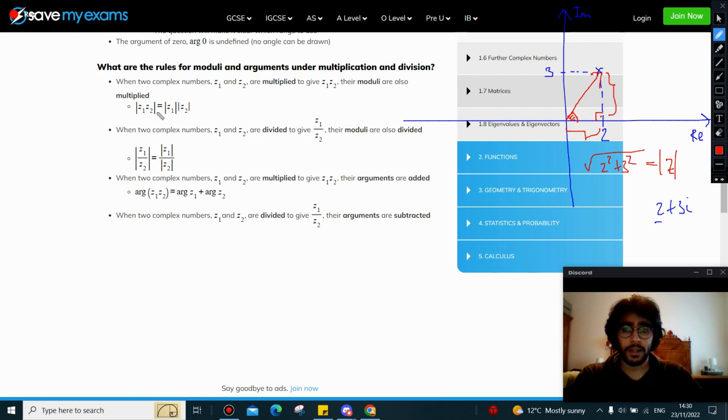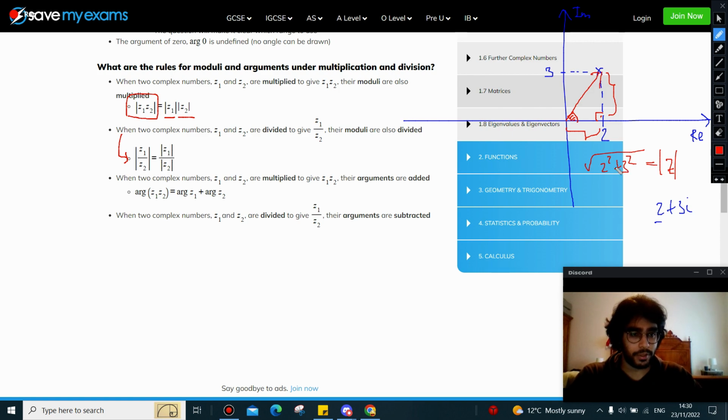Let's say that you multiply two complex numbers inside the modulus. So you are first multiplying them and then trying to find their modulus. That's the same thing as finding the modulus of them separately and then multiplying them. There's no difference. If you do the division, the same idea works. If you divide two complex numbers and then find the modulus, it is the same as finding the moduli first and then dividing them.